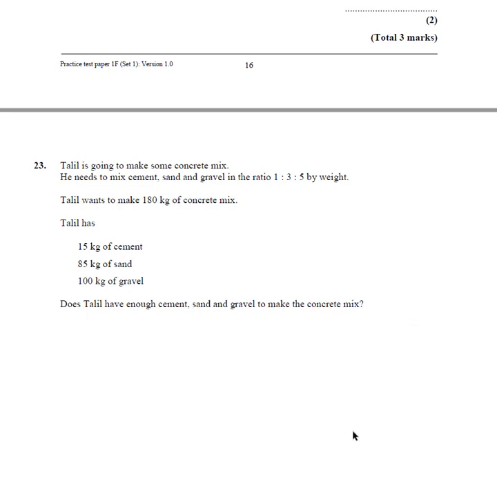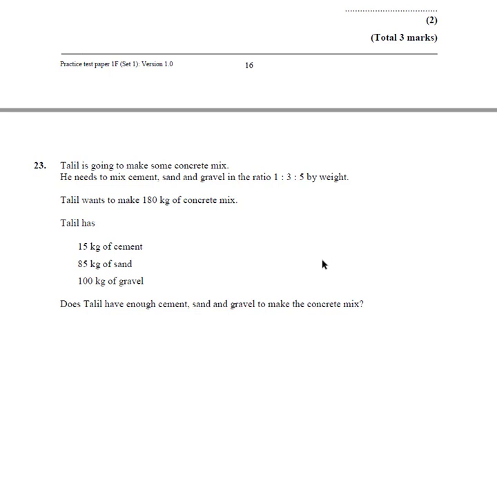So basically what you're going to need to do is split this into 1 plus 3 plus 5 is 9 equal parts. One part will be cement, 3 of those parts will be sand, and 5 of those parts will be gravel.